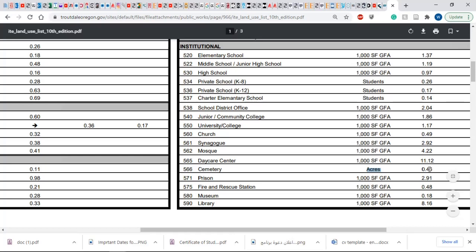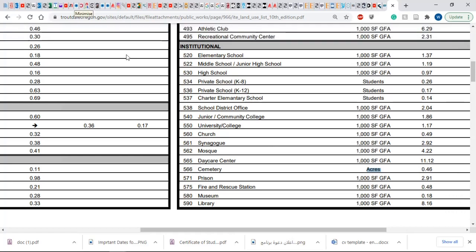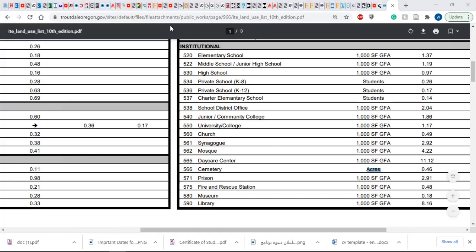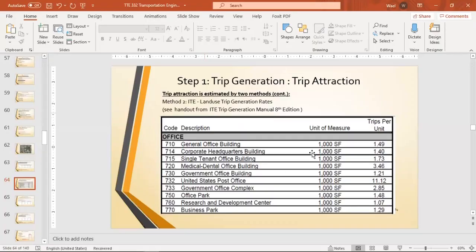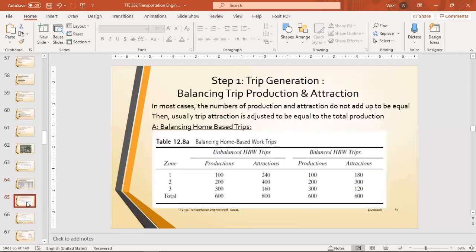You get the point? So the bottom line, we want to conclude this part. These tables are very useful for trip generation purposes. It's much more convenient and easier to deal with.